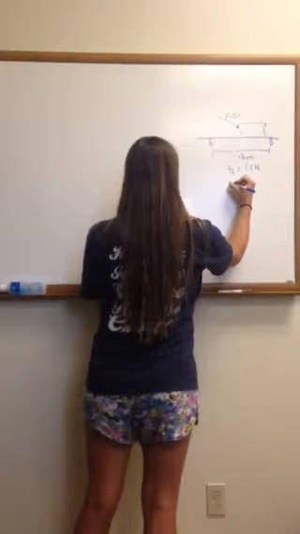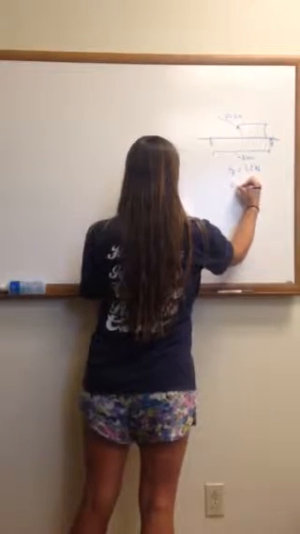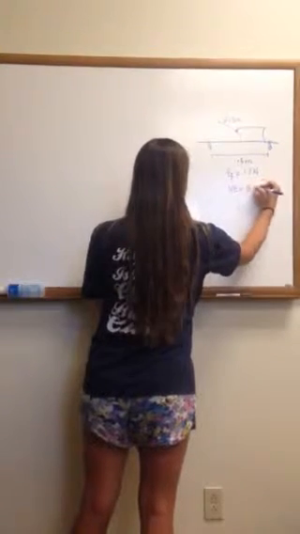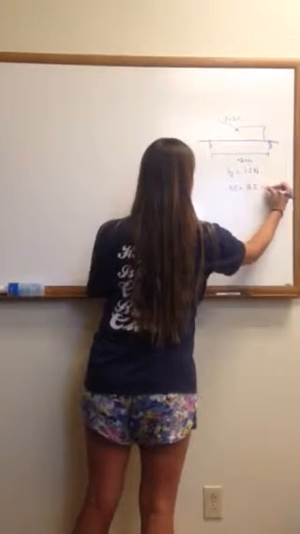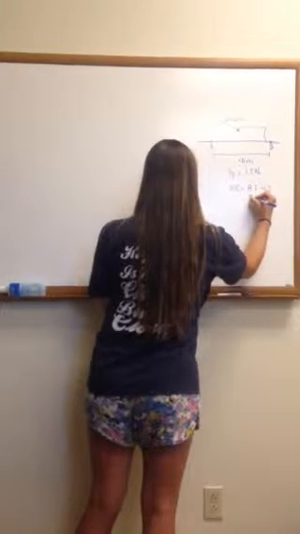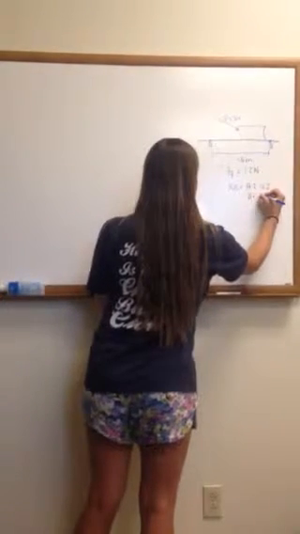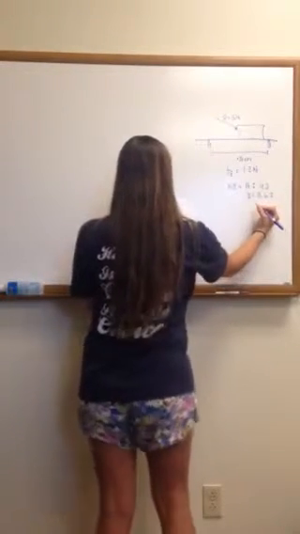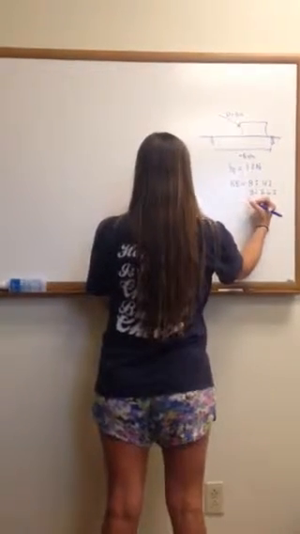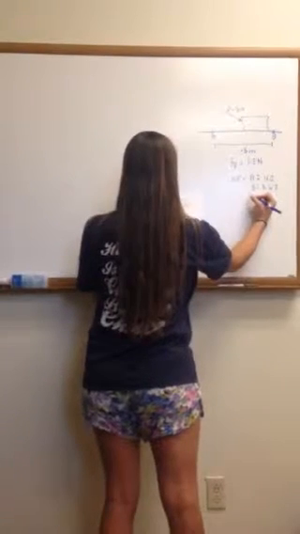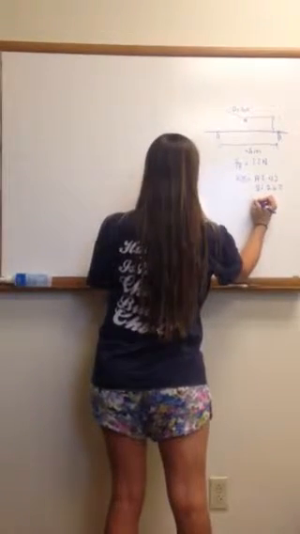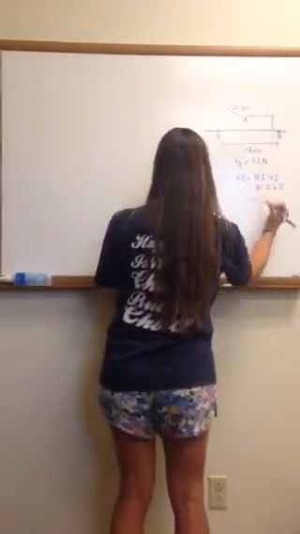And then we have kinetic energies at point A and point B. A is 4 joules, and B is 5.6 joules. And what we're looking for is how much work is done on the block by force P between A and B. So we're looking for work.